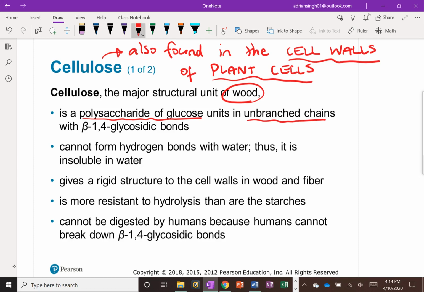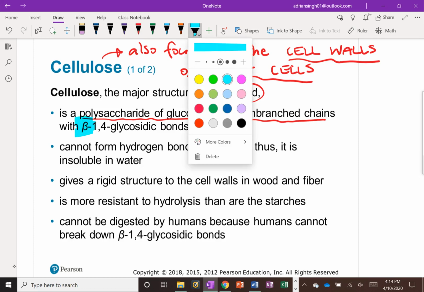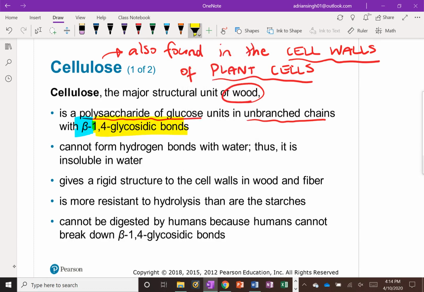One of the main differences, though, between cellulose and all of the other polysaccharides is the type of bond that links those glucoses together. And in the case of cellulose, that bond is a beta 1,4 glycosidic bond. All right, that's a huge difference between cellulose and the other types of polysaccharides.